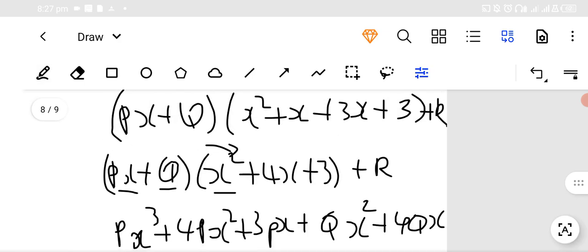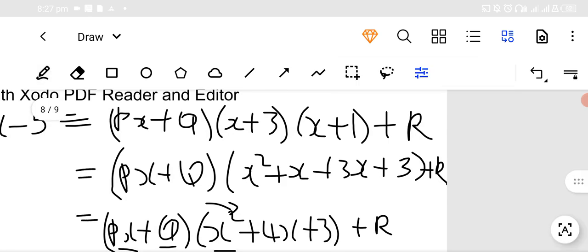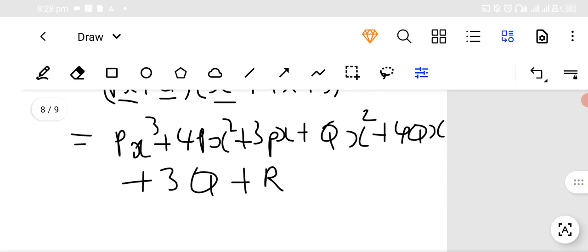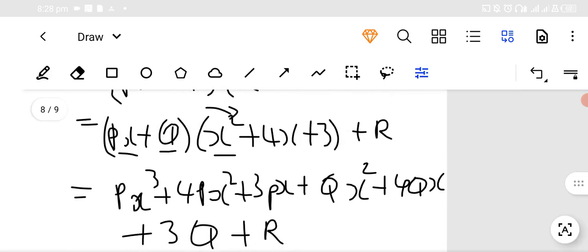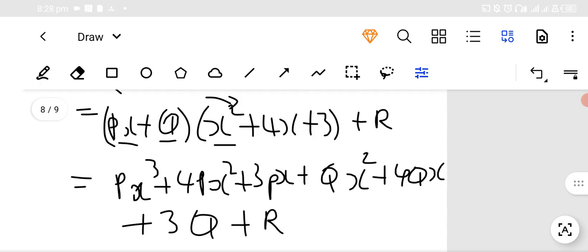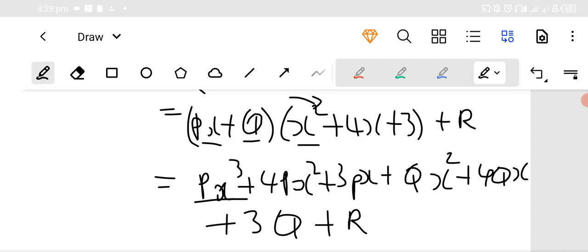Dealing with the left hand side first of all, we have px cubed plus 4px squared plus 3px, then qx squared plus 4qx plus 3q plus r. If you look at this, there is only one term that has x cubed, which is this one here.